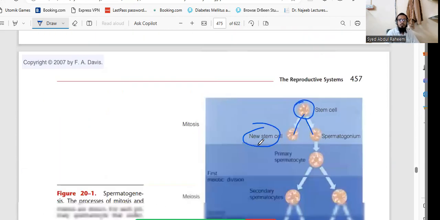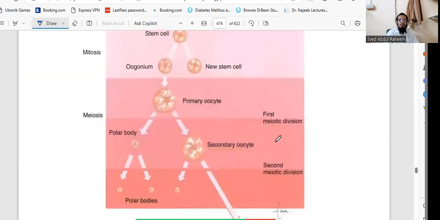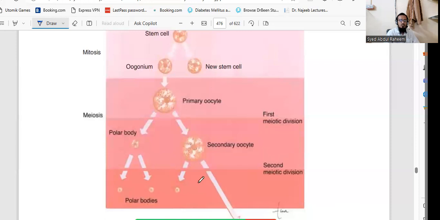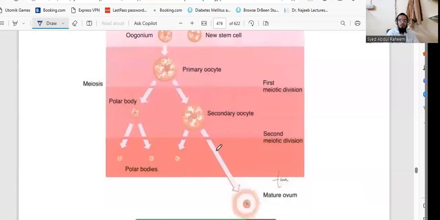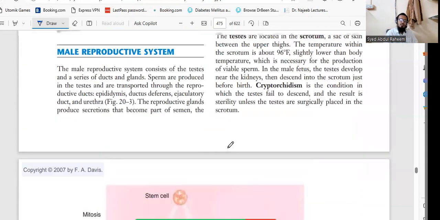This is very important. Here you have the stem cell, oogonium, to primary oocyte, to secondary oocyte. Here, the secondary oocyte is the mature ovum. If it is not working, it will deteriorate and die. Oogonium, mature ovum. Then we need a sperm cell to begin the process.